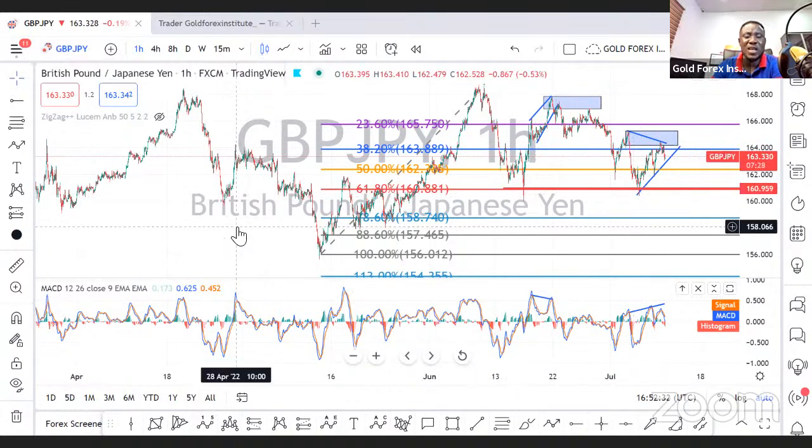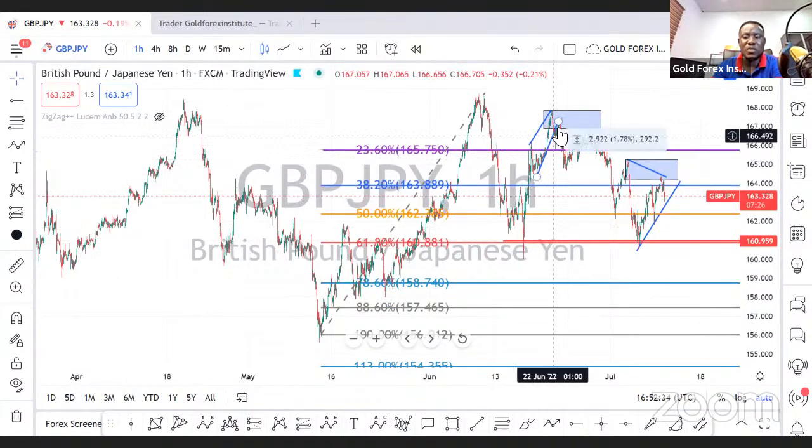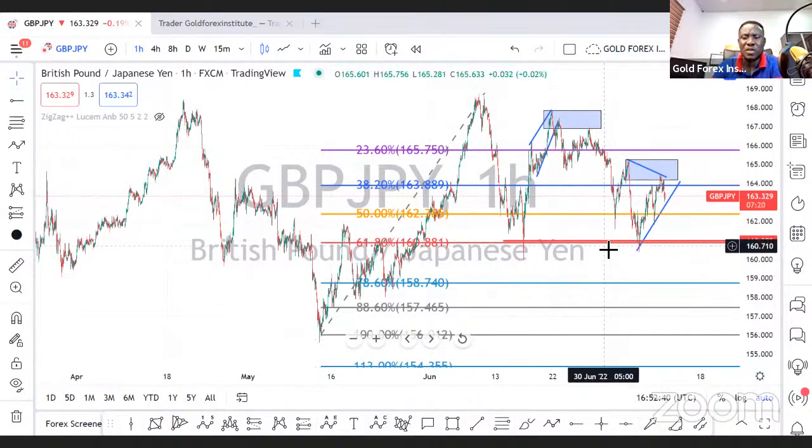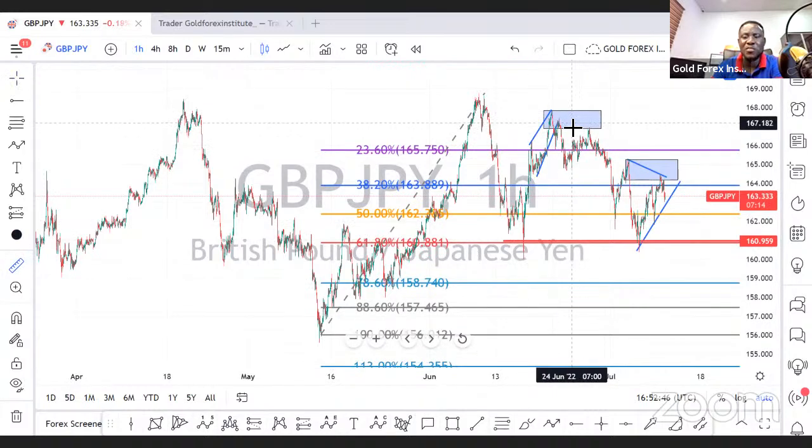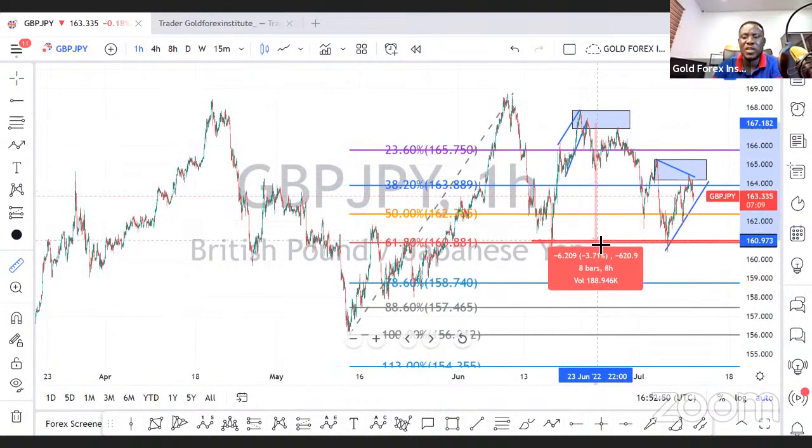I think we took it last week or so. Yeah, we sold over here and we were able to get, I think we made almost 600 pips on this move. And this move was very, very fast. I remember people were smiling in the group, the VIP group. Yes, it was 620 pips, you can see over here.